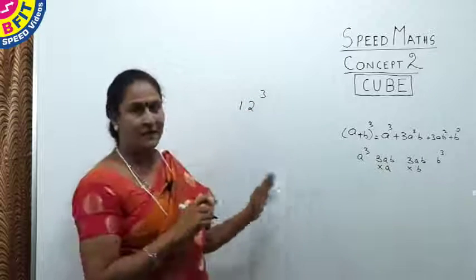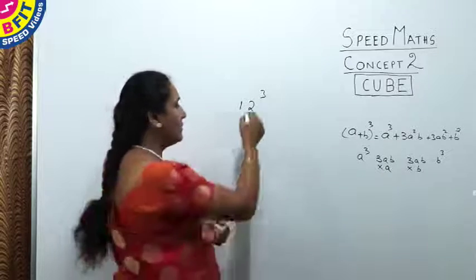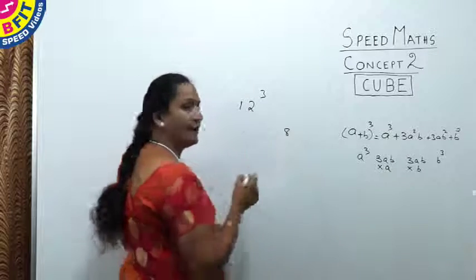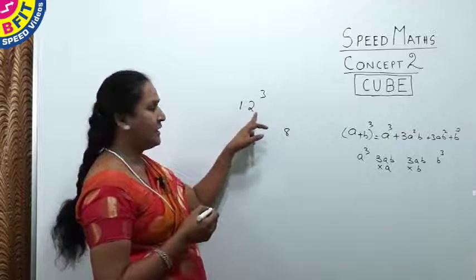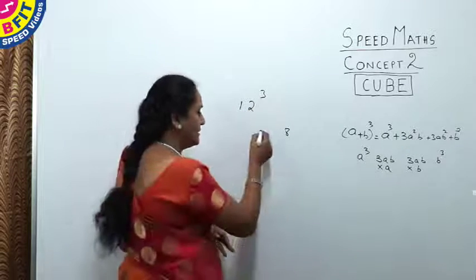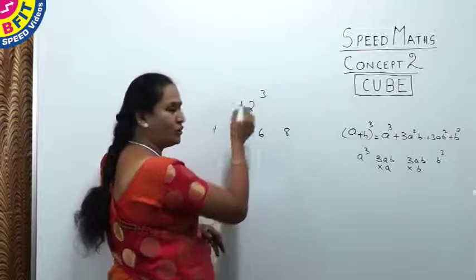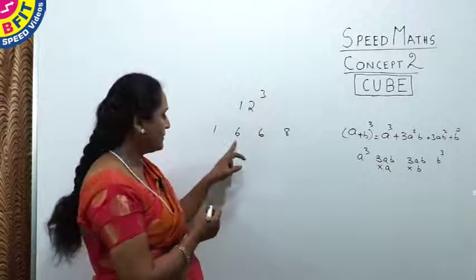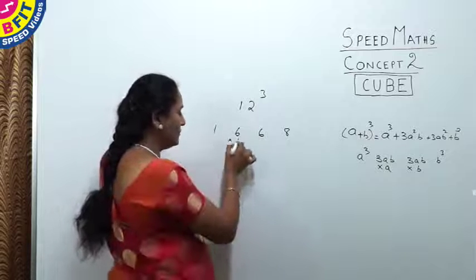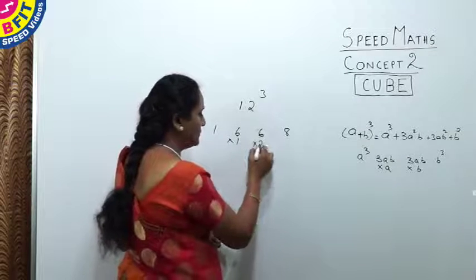Using the same pattern, we can expand this and find the cube of 12. What is 2 cube? It is 8, and 3ab. So 2 into 3 is 6. As you have 1, it is just 6, and repeat this 6 again and write 1 cube, which is 1. Now this first 6 is multiplied with 1, and the second 6 is multiplied with the units place 2.